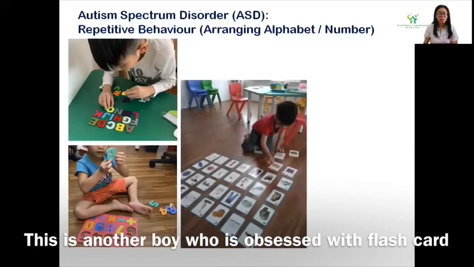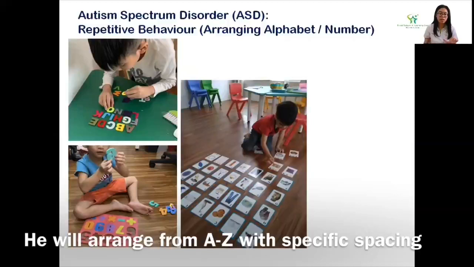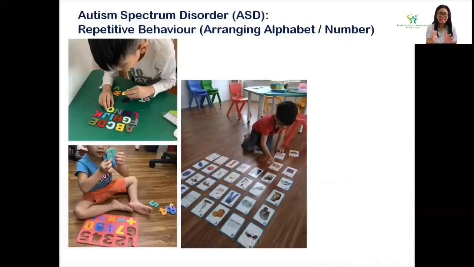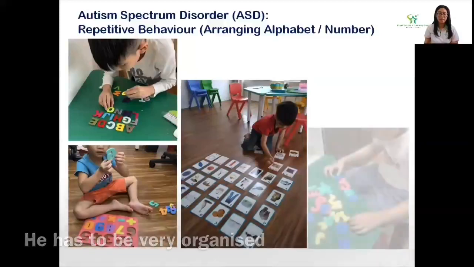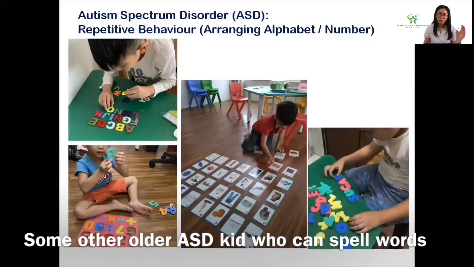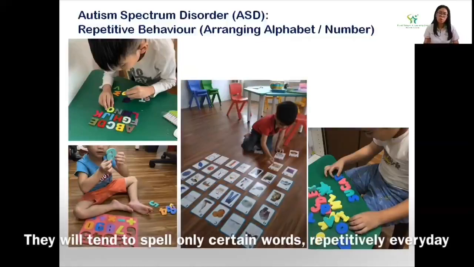This is another boy who is obsessed with flashcards. He will arrange from A to Z with certain spacing, very organized. Some older ASD boys who can spell words will tend to spell only certain words repetitively every day.